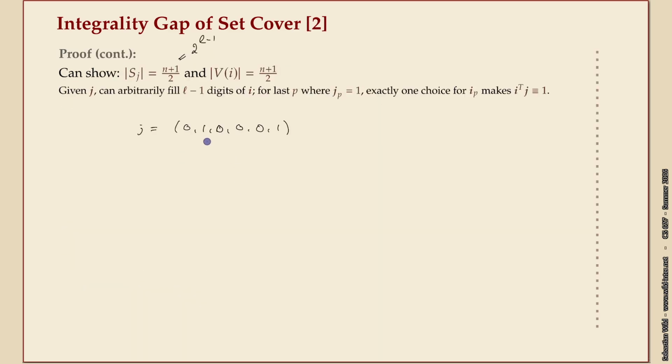So there's some 1, and maybe I'm looking at the last one. Doesn't matter where it is. I can take I to be an arbitrary pattern on all the positions except for this last one. And I can always put the last digit so that the scalar product of I and J is 1. I can always fix this.